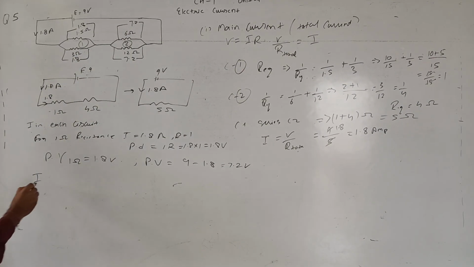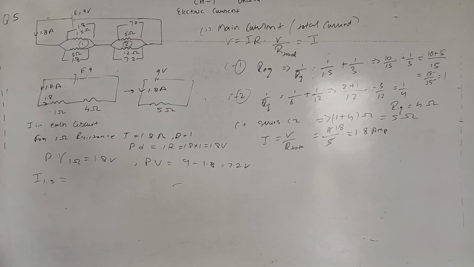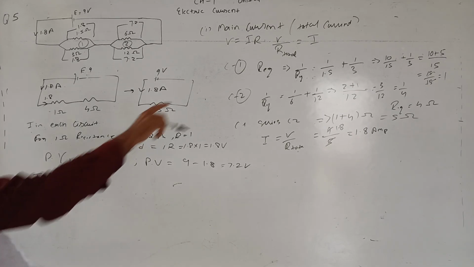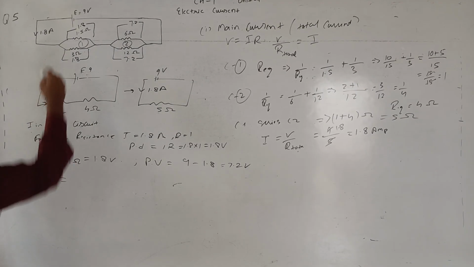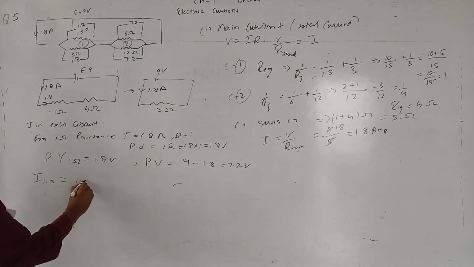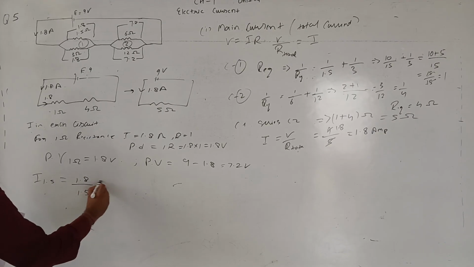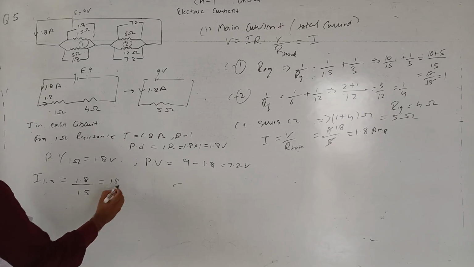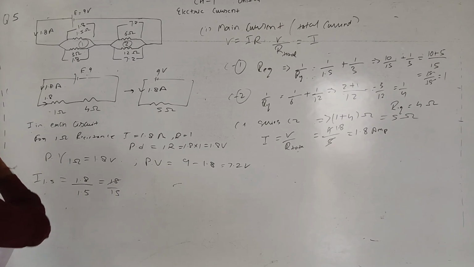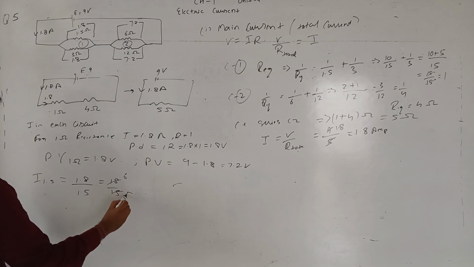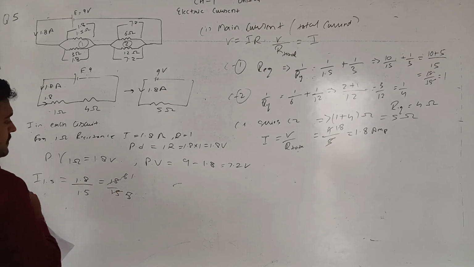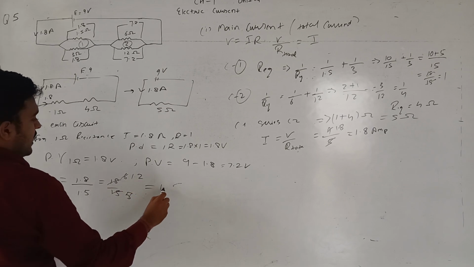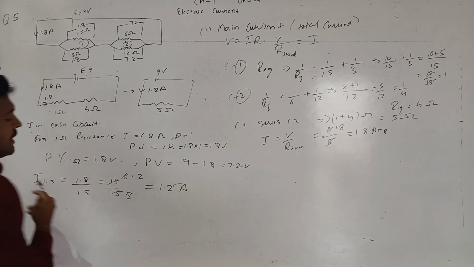So the current across 1.5 will be potential upon resistance, I is V upon R. For 1.5, V is 1.8, so 1.8 divided by 1.5 is equal to 1.2 ampere.